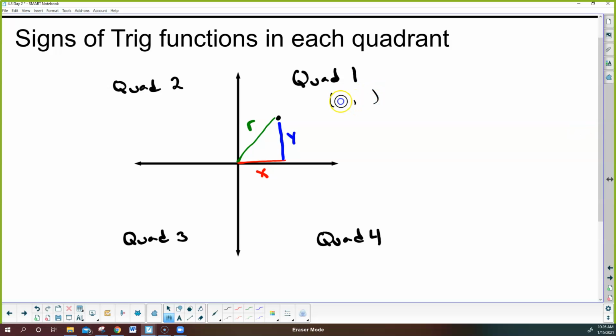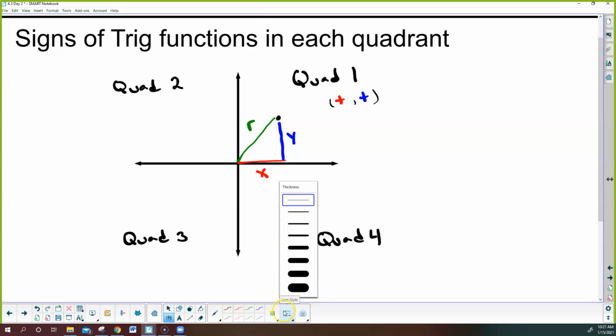Actually, I want to use this as a different color. Okay, so notice x is positive, y is positive. Anything in the first quadrant, x and y are both positive.